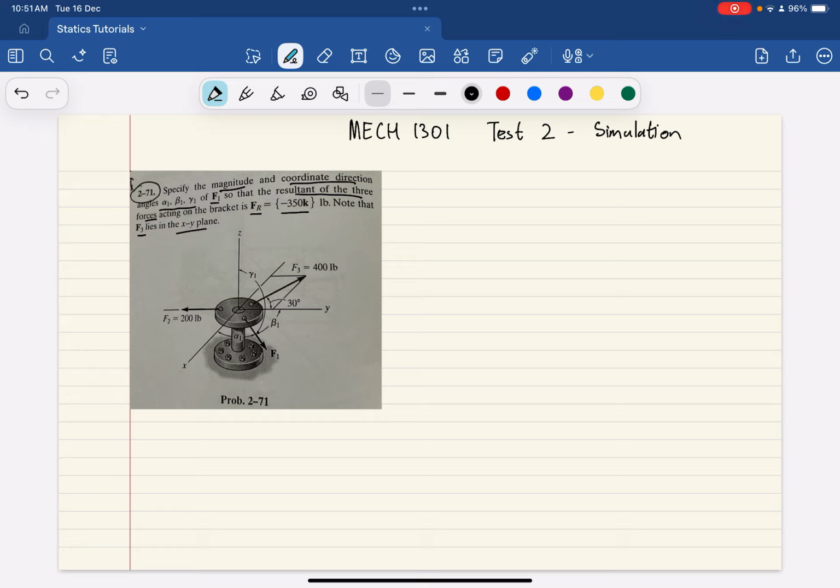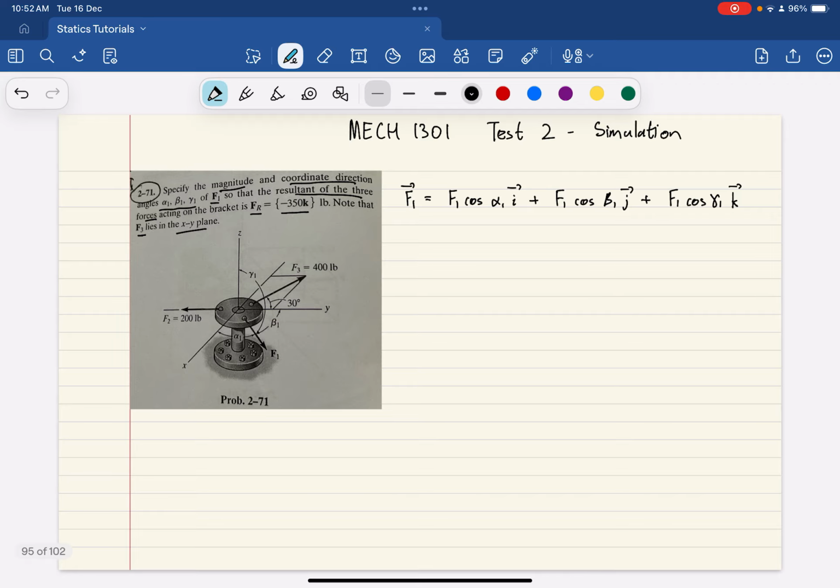So the first step we could do is try to express the forces in Cartesian vector form. F1 in vector form is just F1 cos alpha 1 i plus F1 cos beta 1 j plus F1 cos gamma 1 k.